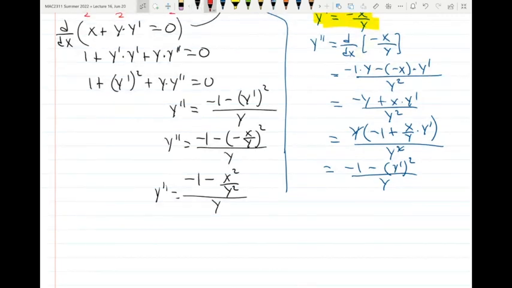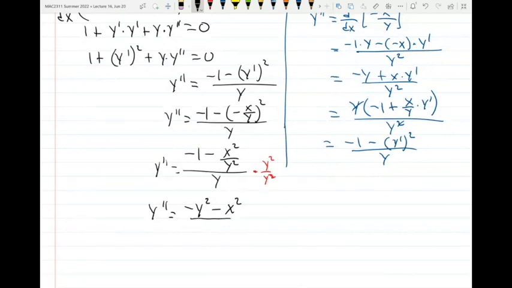And now I'm just going to go ahead and multiply top and bottom by y squared to simplify the little fraction. So we obtain y double prime equals -y squared minus x squared over y cubed.